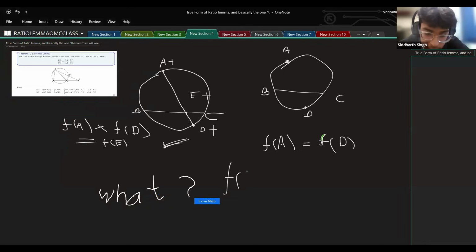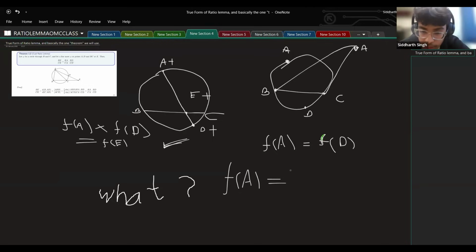Okay, someone is asking in the chat what is f of A. f of A is basically, consider these 2 points B, C. Consider any point, it can be some random point here. Connect these 2 points, these two distances.